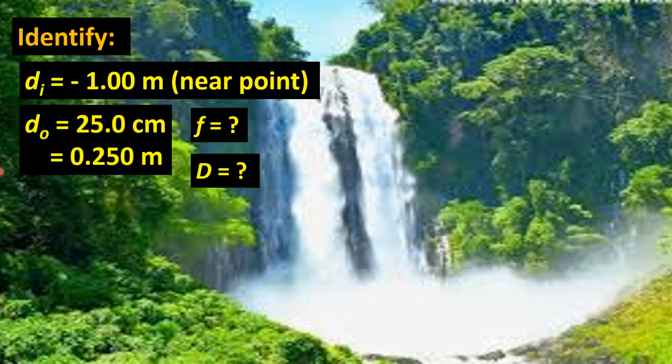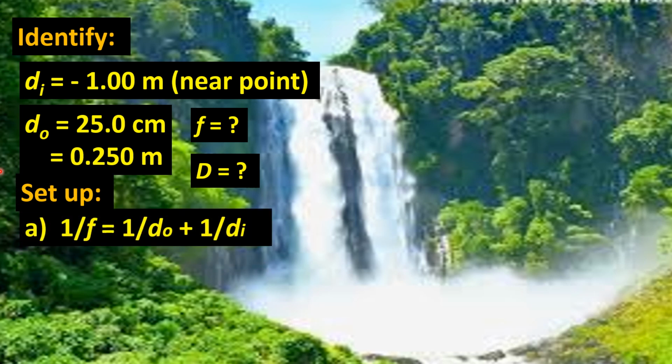So we set up the thin lens formula. The formula 1 over f, or the reciprocal of the focal length, is just equal to the reciprocal of the object distance plus the reciprocal of the image distance.